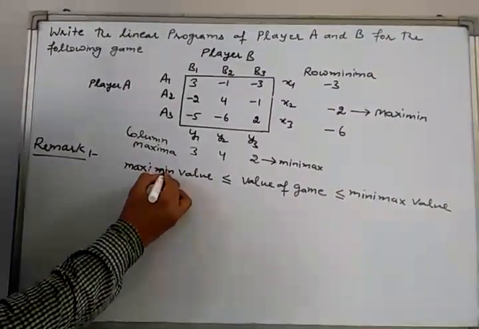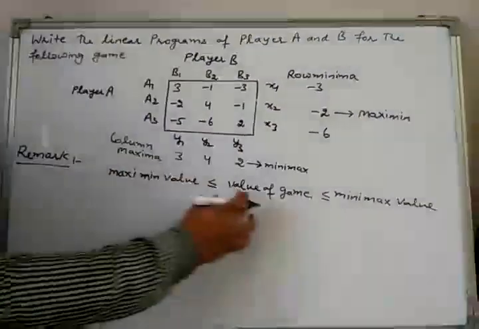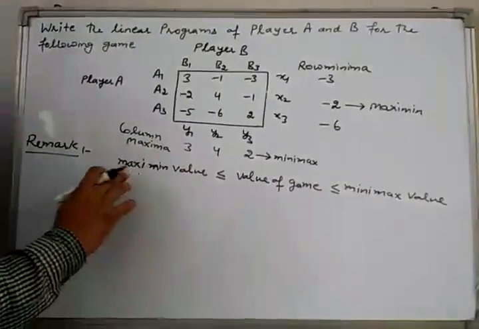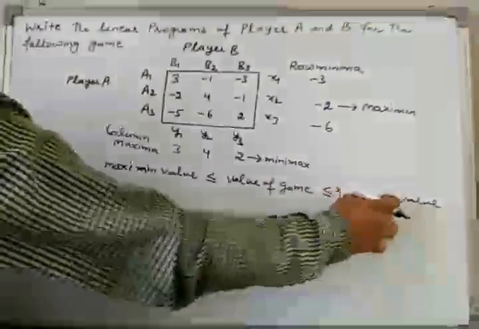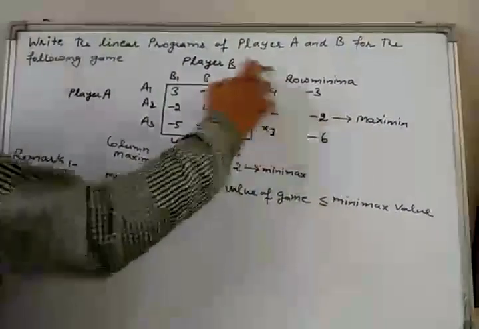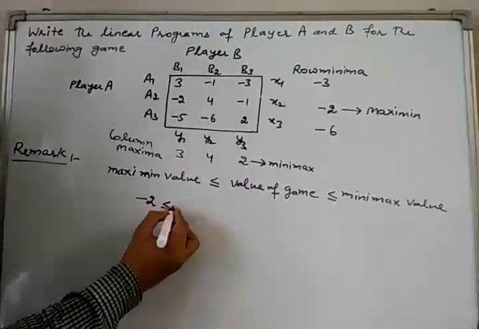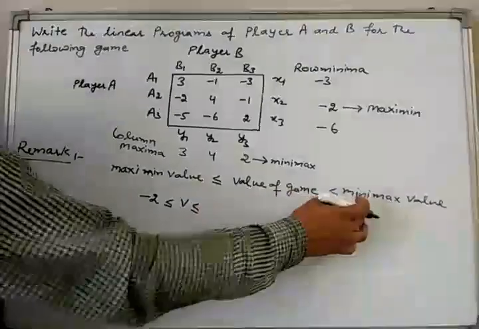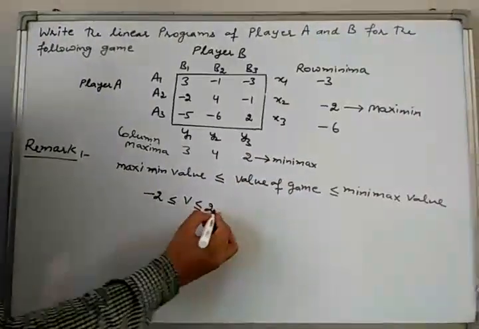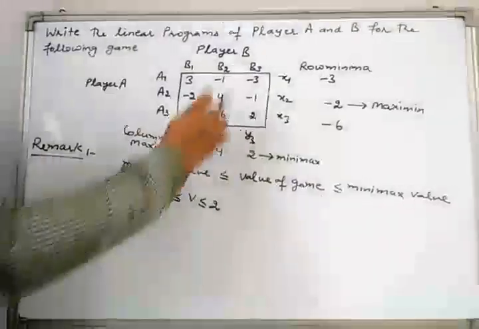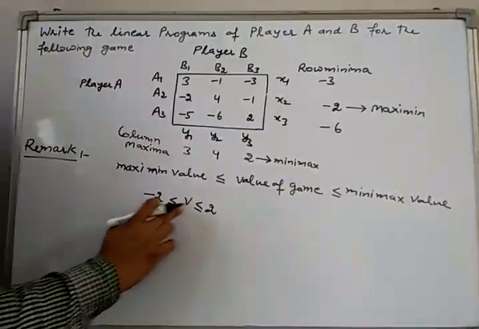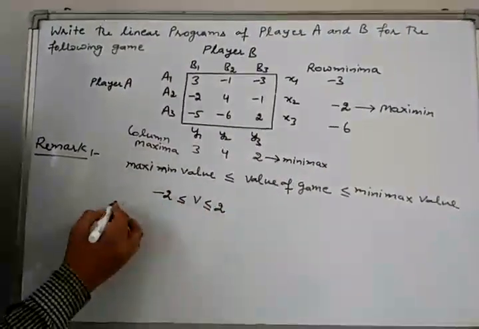Therefore, according to our remark, the value of the game always lies between the maximin value and the minimax value. In our case, the maximin value is -2 and the minimax value is 2. Therefore, the value of the game for this problem lies between -2 and 2.